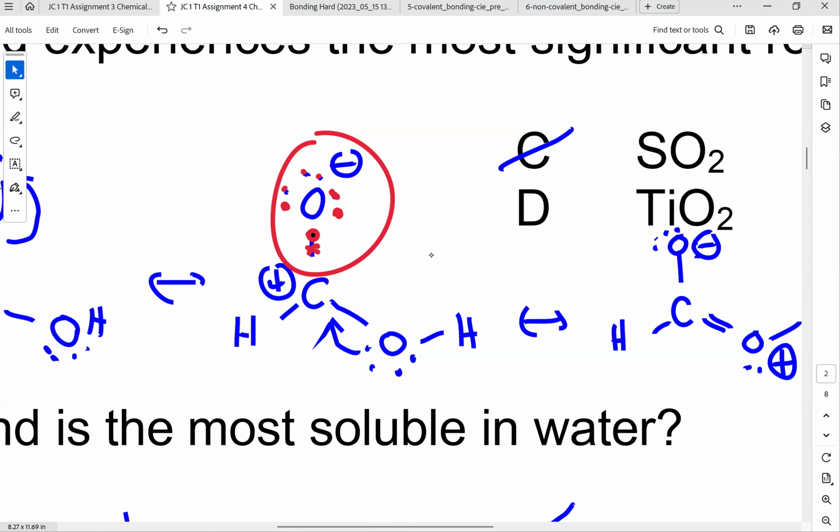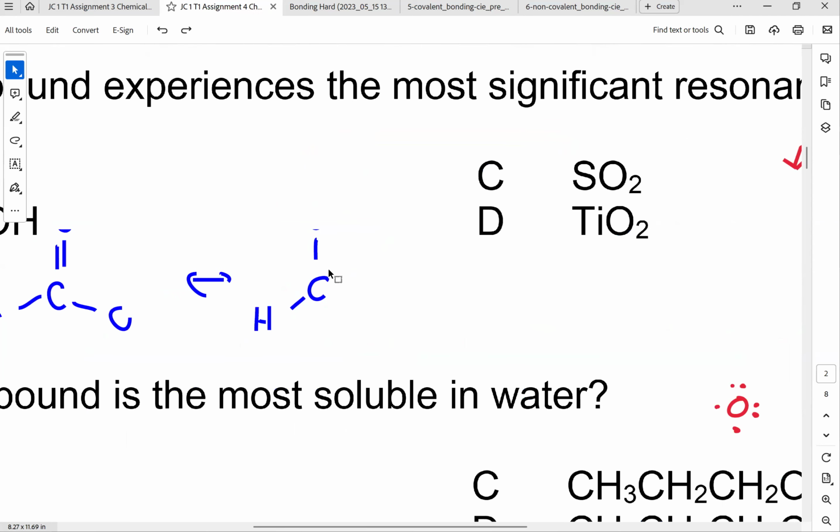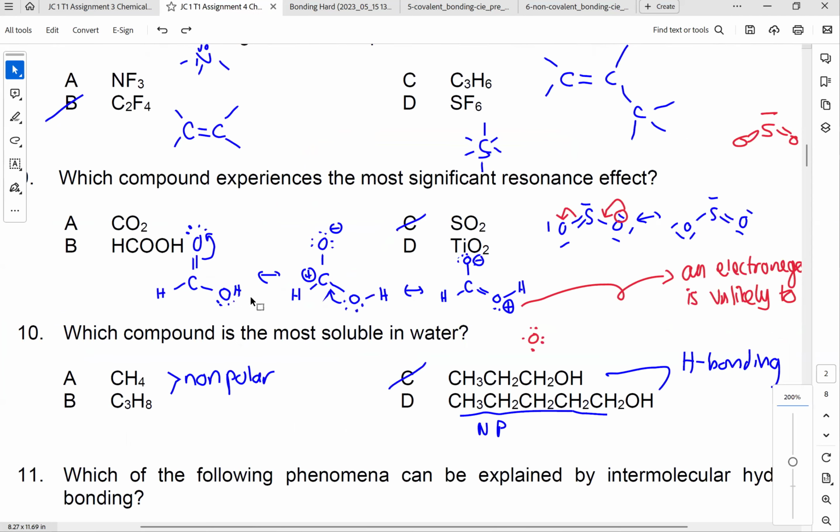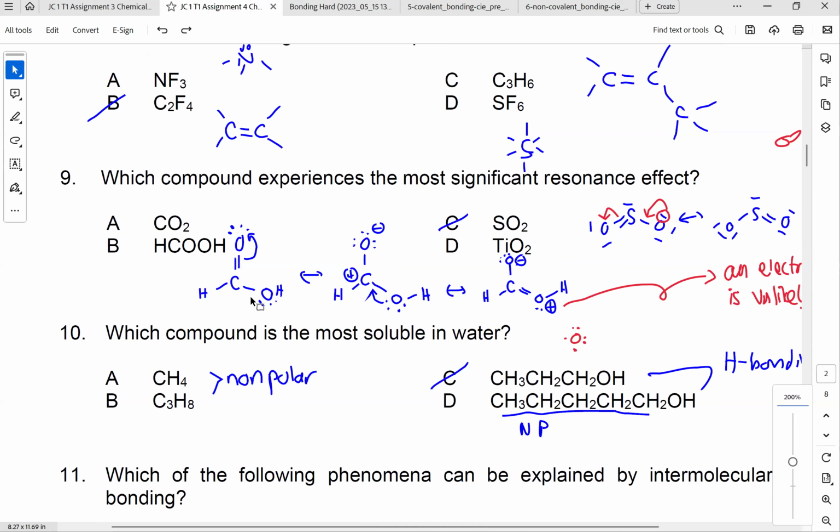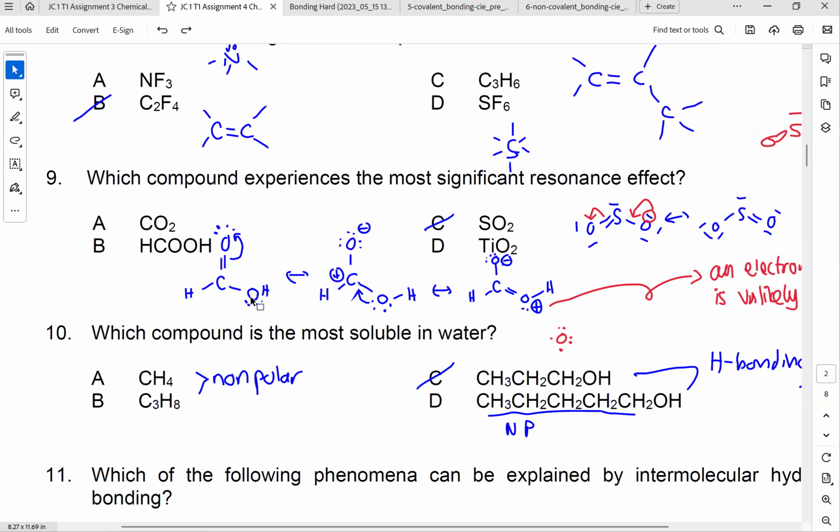O should have 6 valence electrons if it's a neutral atom, but having 7 valence electrons means this O is negatively charged. Is there any other question from 9?